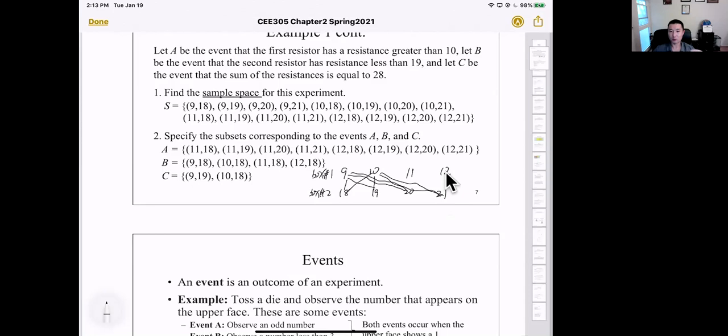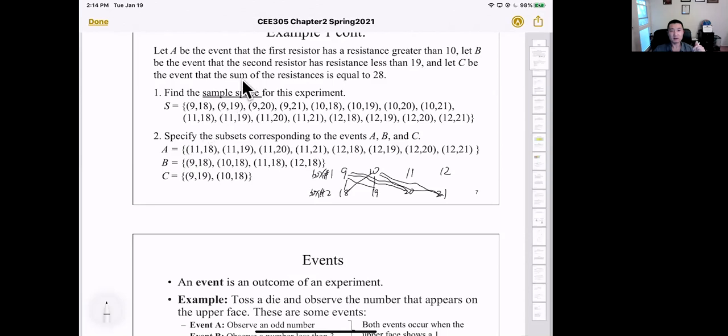For 12, we have 12, 18, 12, 19, 12, 20, and 12, 21. So we have totally 8 possible outcomes for event A. We call that the counting method: we count what the possible outcomes are.